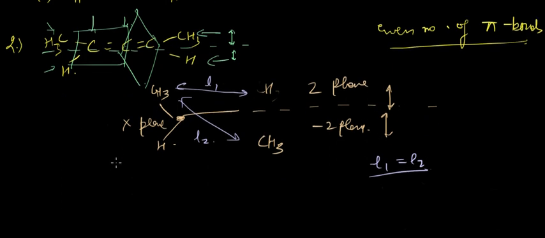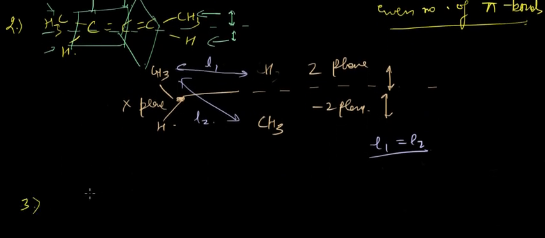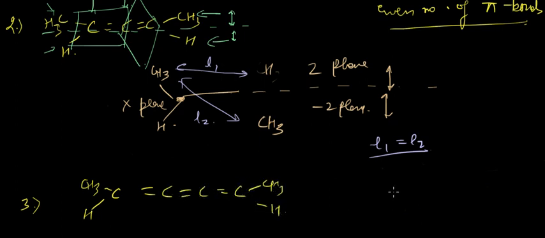Okay. And when we have an even number or odd number of pi bonds, what will happen is, if there are an odd number of pi bonds in cumulene, then the terminal carbon valencies lie in the same plane and it can show geometrical isomerism.